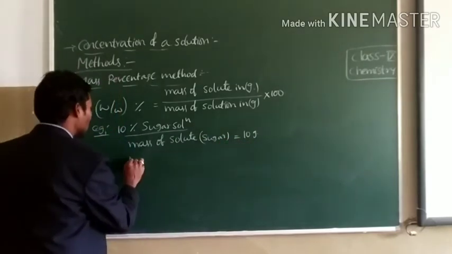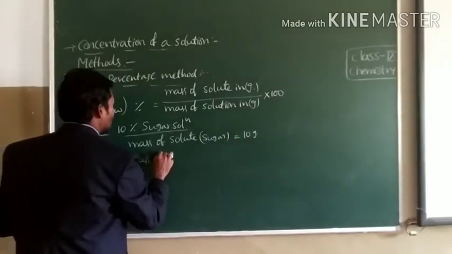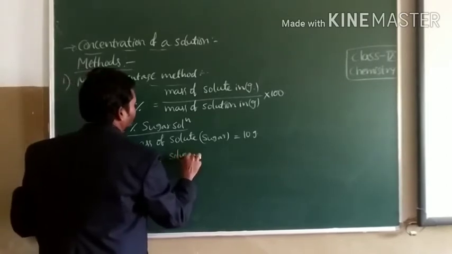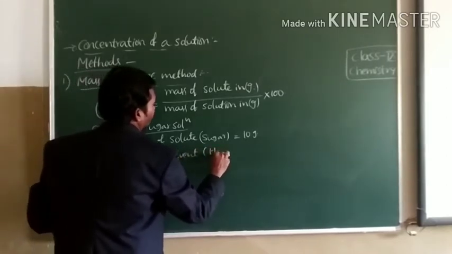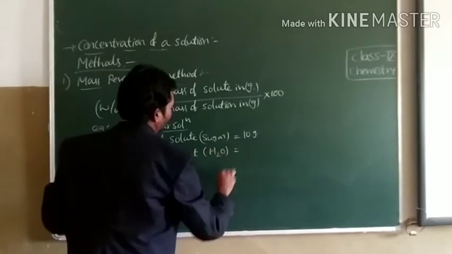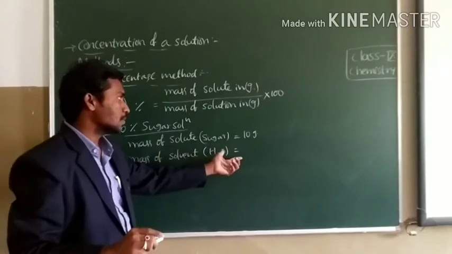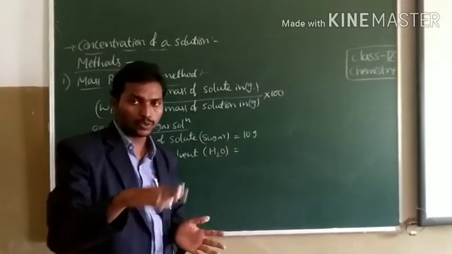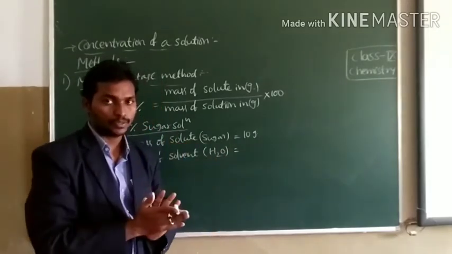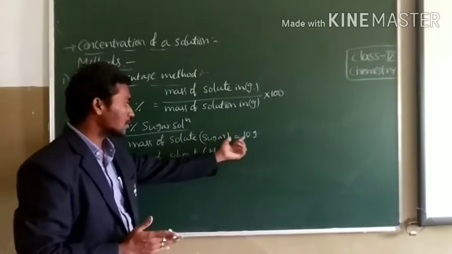Next, what is the solvent here? The solvent is water. Remember, in the mass percentage method, the total mass of the solution is 100 grams. Here the solute mass is 10 grams.